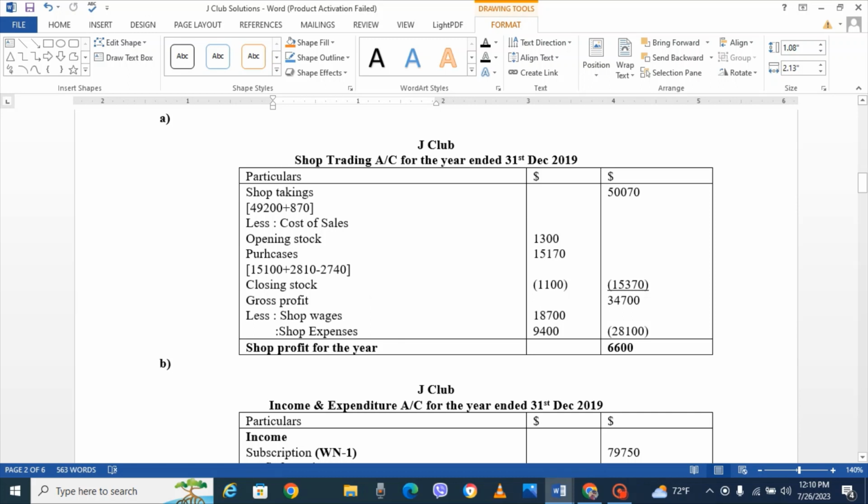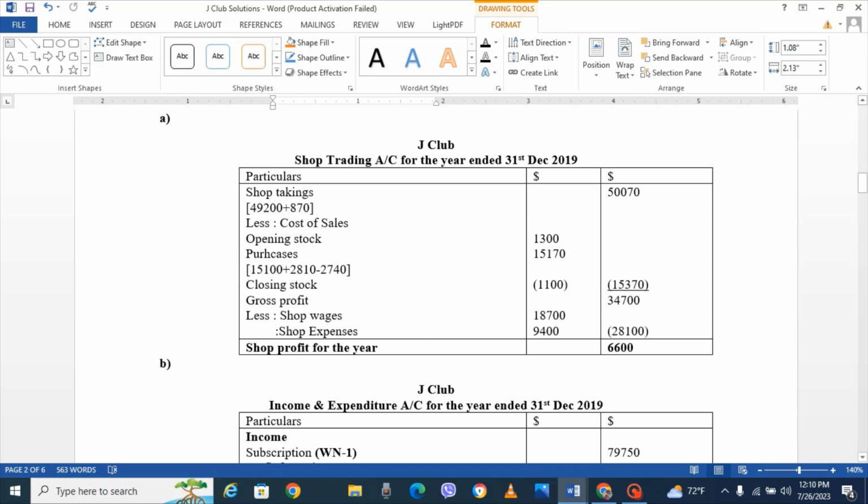So now again the question has asked you to prepare or to show the SOP profit for the year. So for the SOP profit, you need to deduct any additional expenses which are related with SOP. So here I see SOP expenses of 9,400, which I have written in the inner column, and likewise there is the presence of SOP wages, that is $18,700.